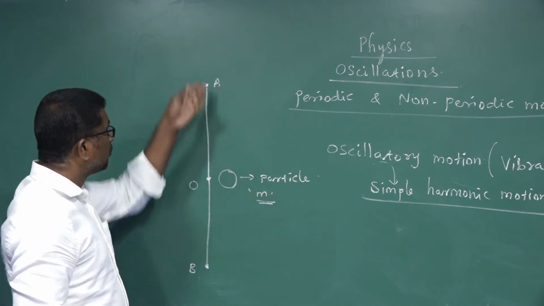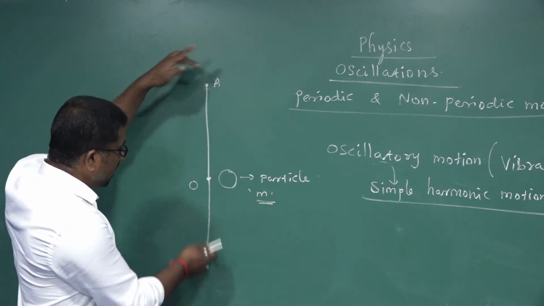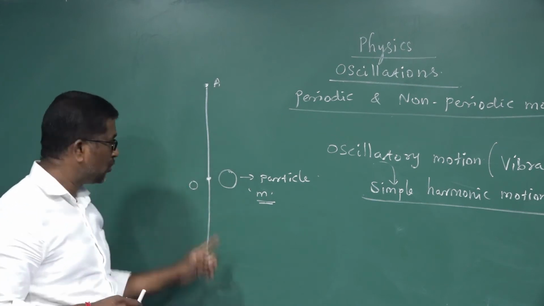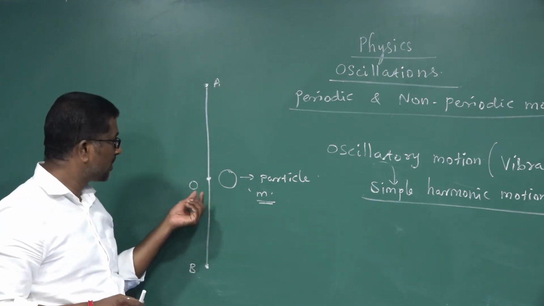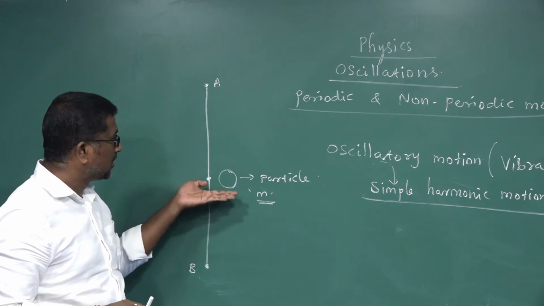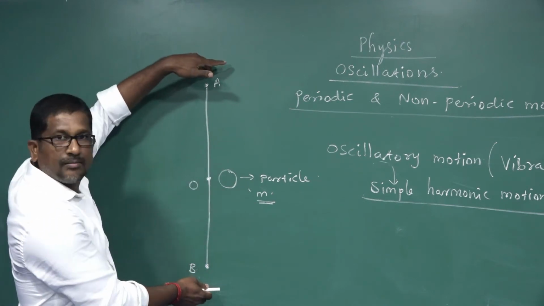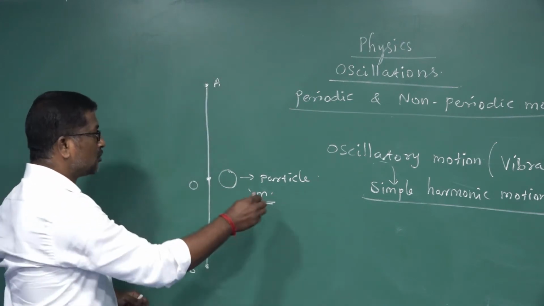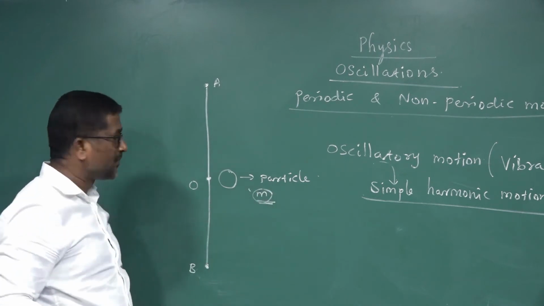That particle moves between the points A and B about the fixed point O. O is a fixed point or origin. About this point the particle moves between these 2 points.